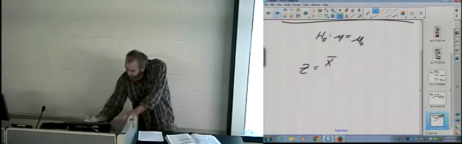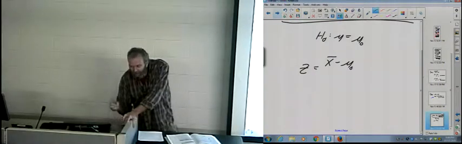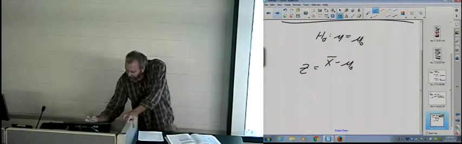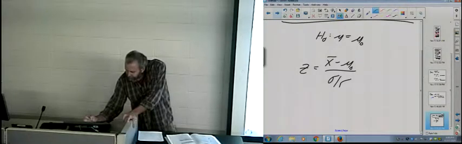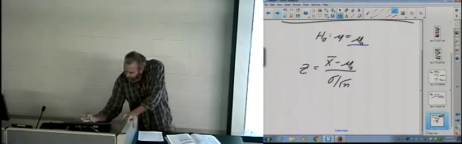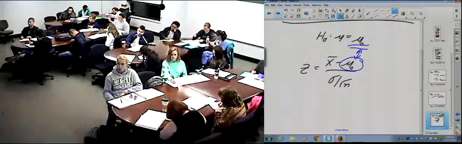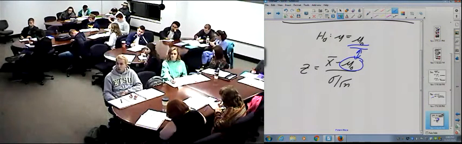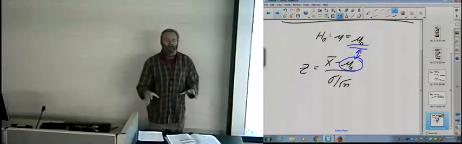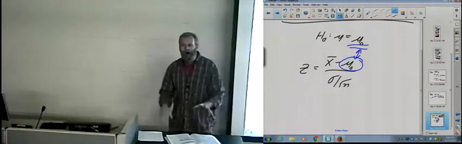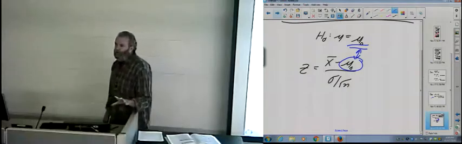Take your x bar, subtract off the value in the null. That's what you're assuming the mean to be. And divide by... remember, the way you start the test is you assume the null hypothesis is true.